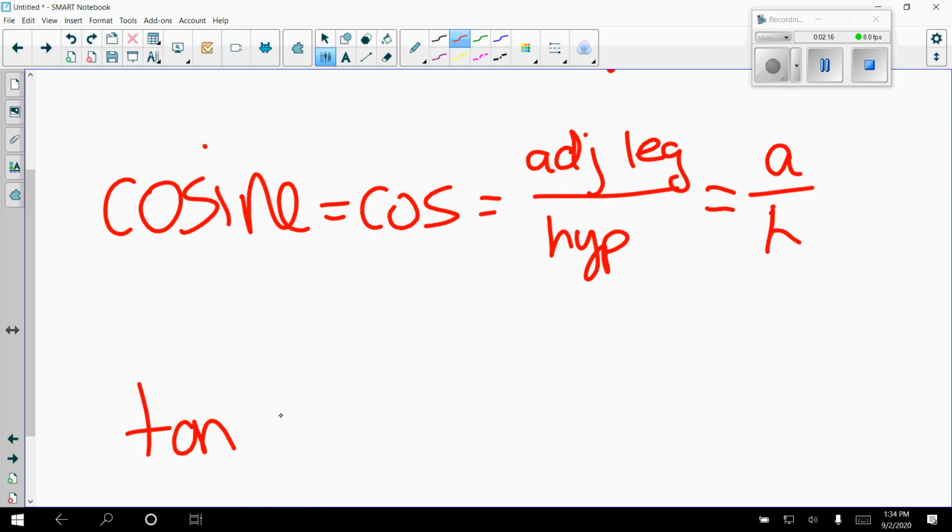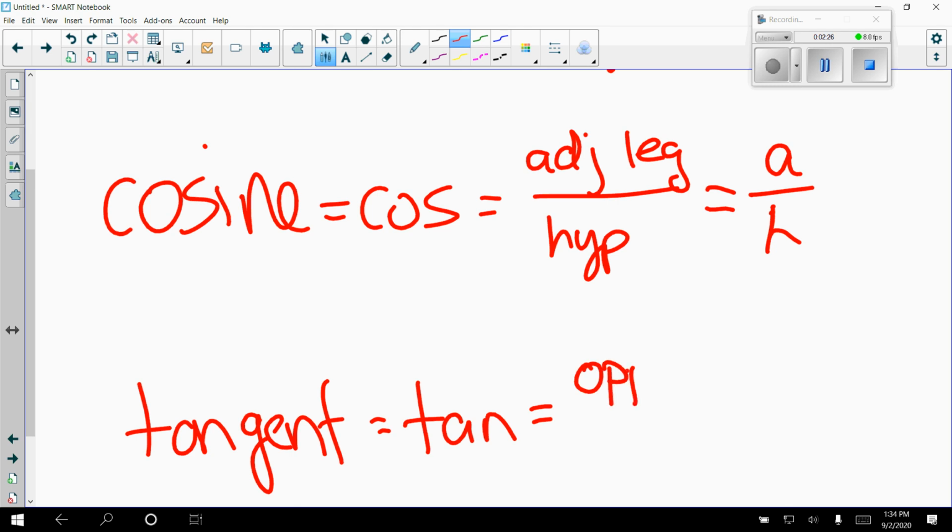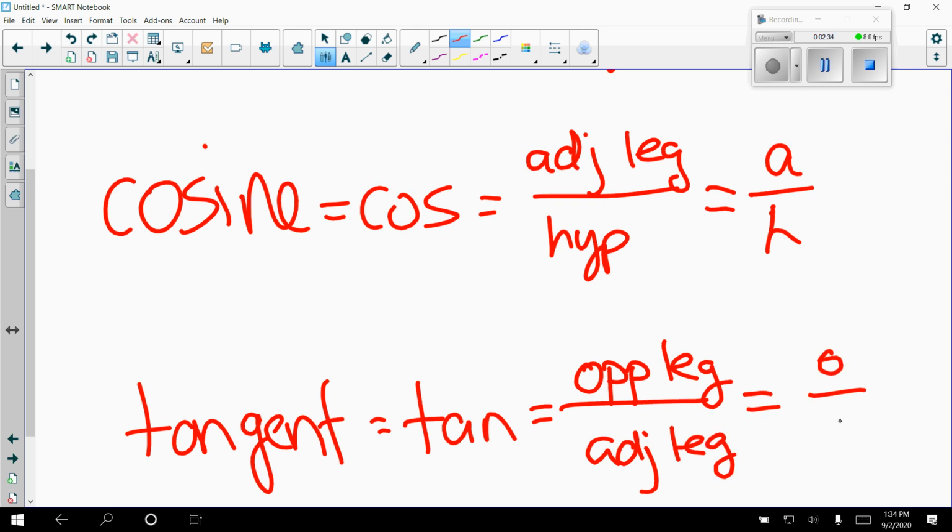And tangent, which we're going to abbreviate to TAN, and again, those abbreviations are what you'll see on your calculator, is the opposite leg over the adjacent leg. So in shorthand, O over A. Those are the three trig ratios that we're going to be using.